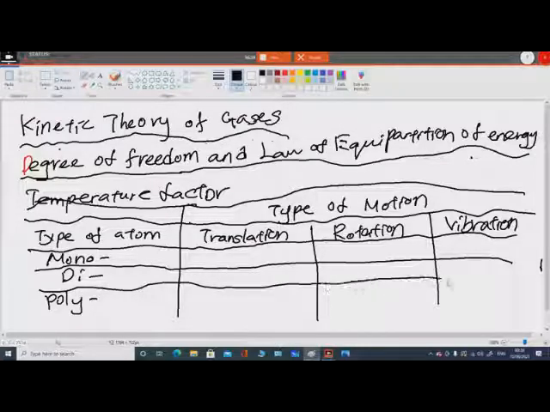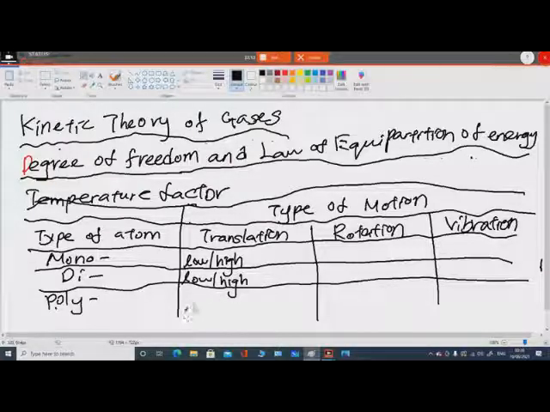Okay, so as for the translation, let's go through the monoatomic first. For the translation of the monoatomic, whatever low or high temperature, the same goes for the diatomic as well as the polyatomic.